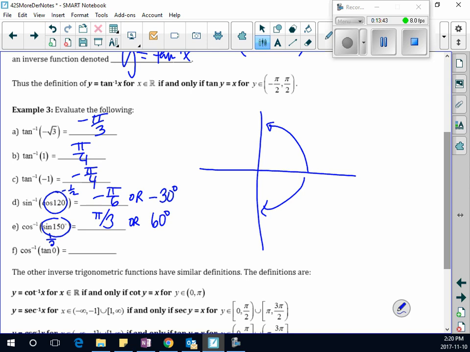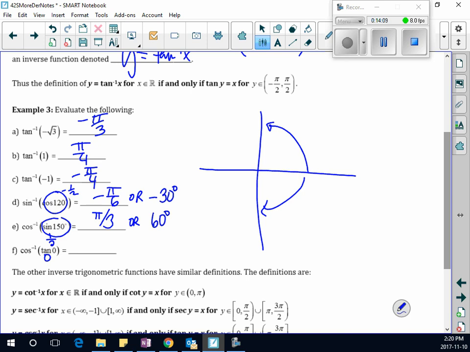Okay, inverse cos of tan of 0. Tan of 0 is 0, and cos of 0 is 1. Not cos of 0, it's inverse cos of 0. She's shaking her head. It's not cos of 0. That's cos of 0.